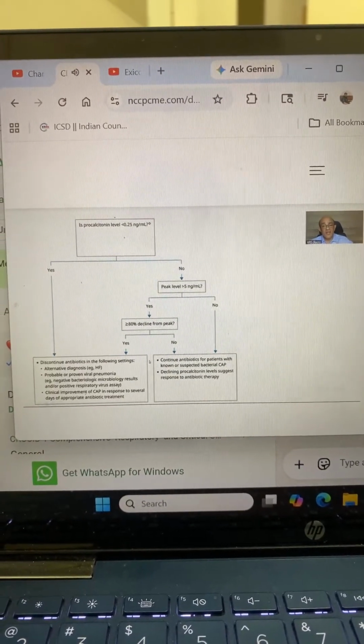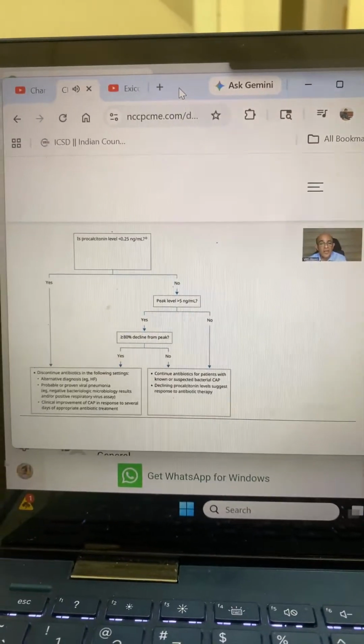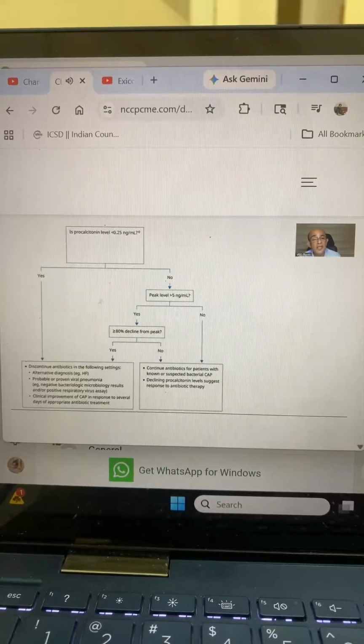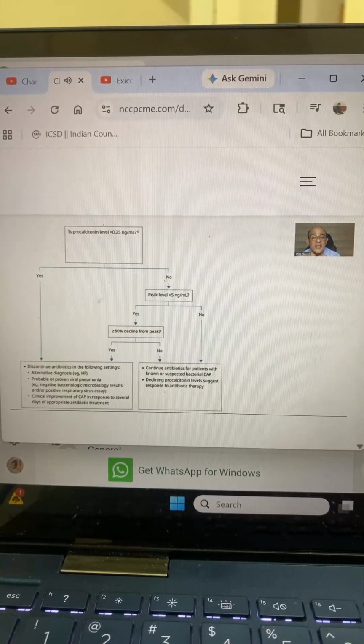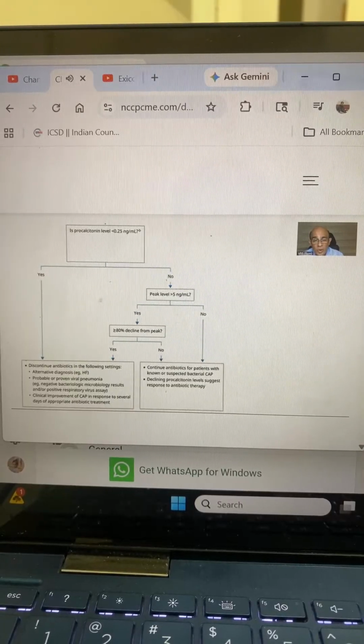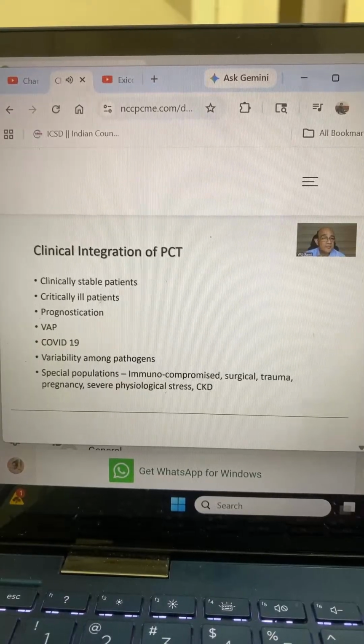But if the level is more than 5, or if the decline is not as much as 80%, then you may need to continue antibiotics. So the role of PCT is more important in antimicrobial stewardship, to stop the antibiotics, than initiating antibiotics.